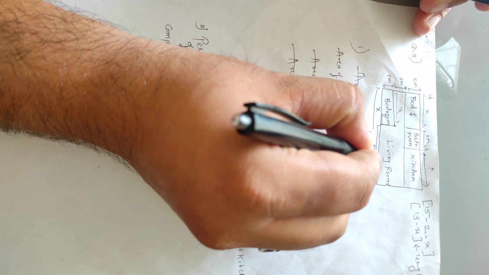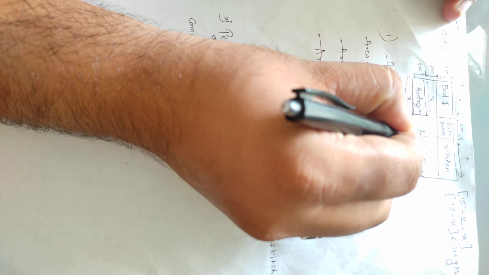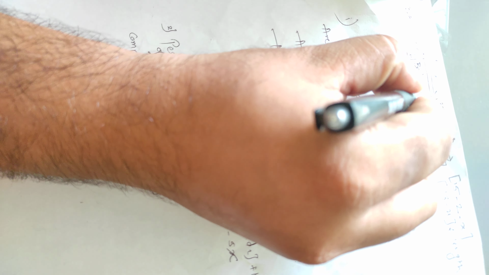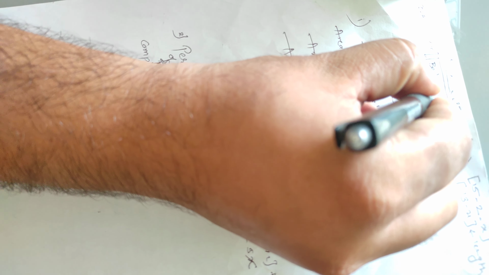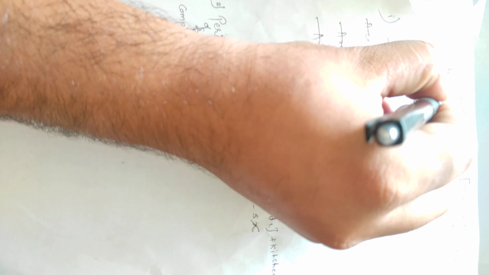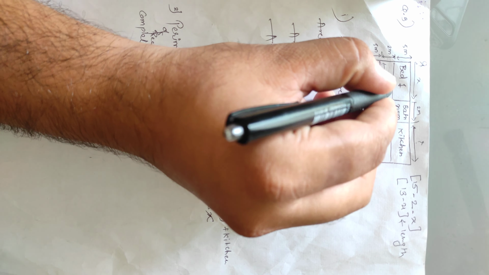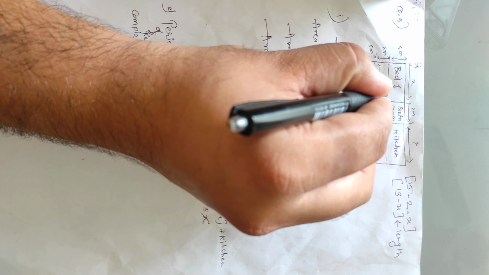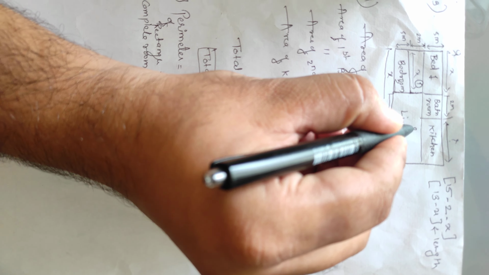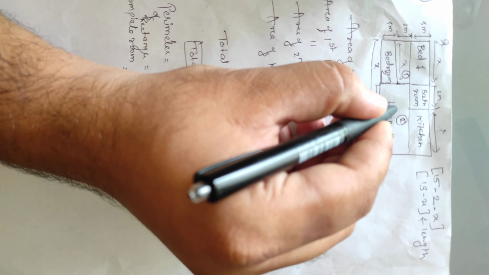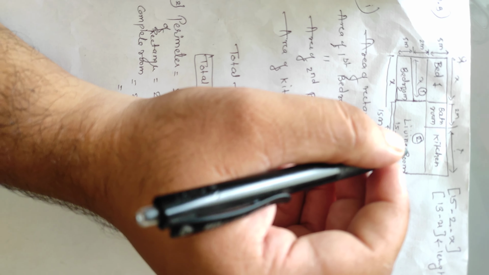So the remaining section will become 15 minus x. We'll make two different sections: this is x, this is 2. This is shape number 1, this is shape number 2. Both areas will come under the living room. Understood?